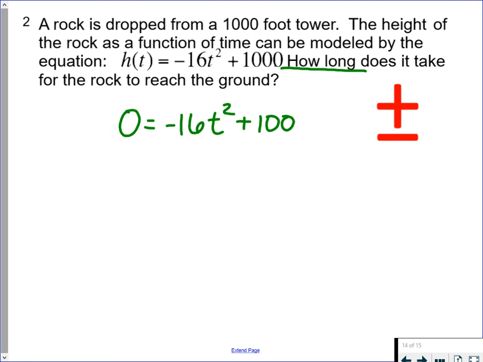And figure out how long it takes for this rock to hit the ground without a calculator.